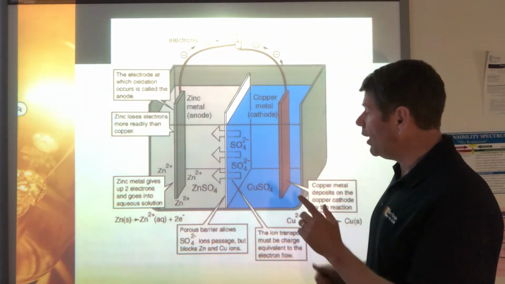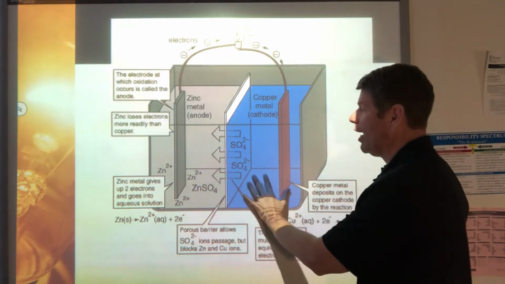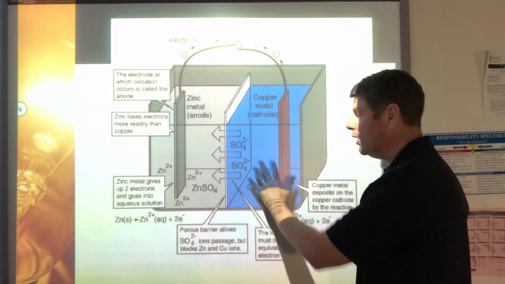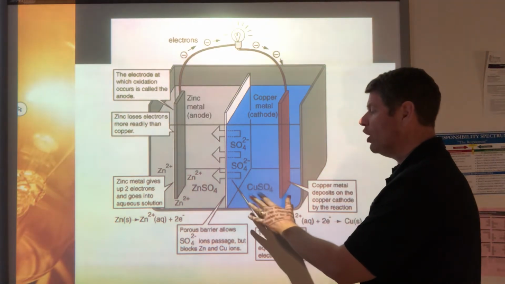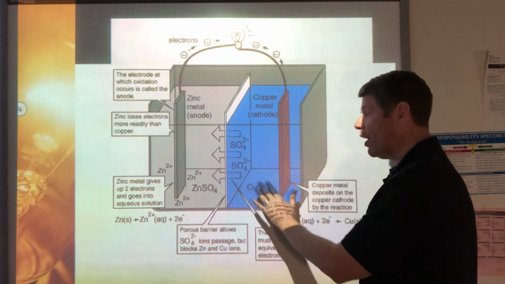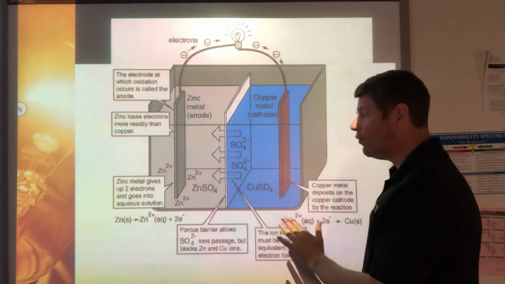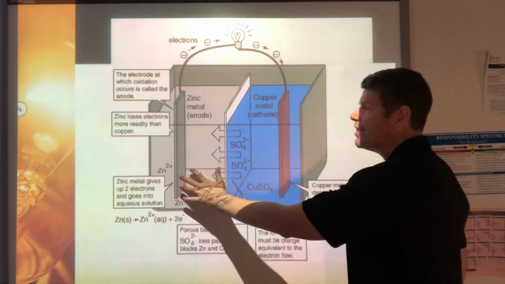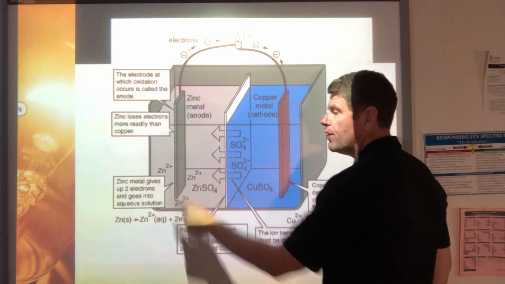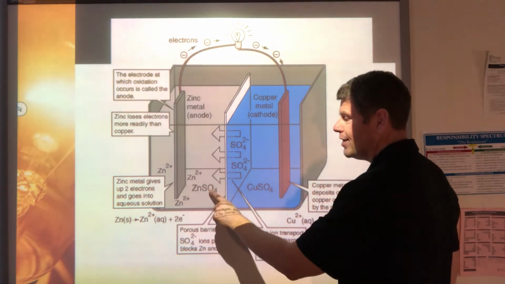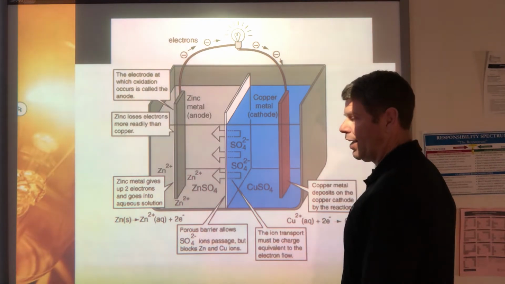So in the solution over here, guys, we would have a blue solution because it's a copper sulfate solution, which provides positive copper ions and negative sulfate ions. On the zinc side, we have the zinc metal in a solution of positive zinc ions and negative sulfate ions.